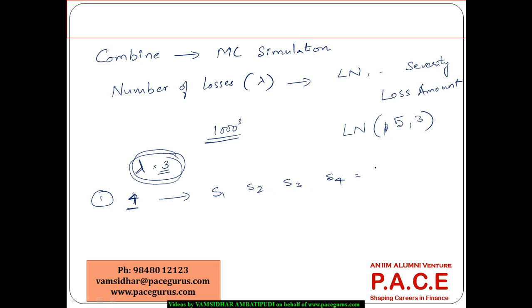I am adding these 4, which will give me the total loss amount in the first occurrence. Then again I am generating one number for the number of losses. Let's say this time only 2, which means from the severity distribution I'll generate S1 and S2 and say that this is the loss amount 2. Like this, I keep generating some 10,000 occurrences of this.